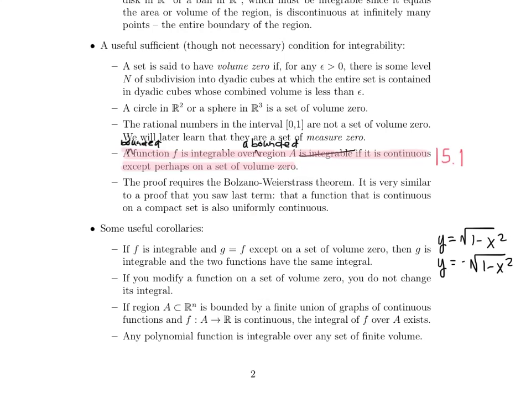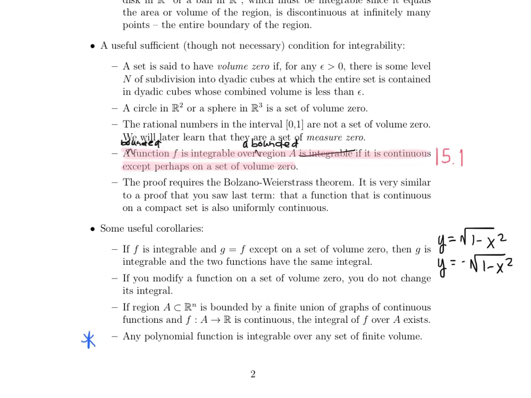But if you have a region in the domain and it's bounded by a finite union of graphs of continuous functions, and you have a function that is continuous over this region, then the integral of the function over the region exists. And something that's very, very useful is this fact right here: any polynomial function is integrable over any set of finite volume.